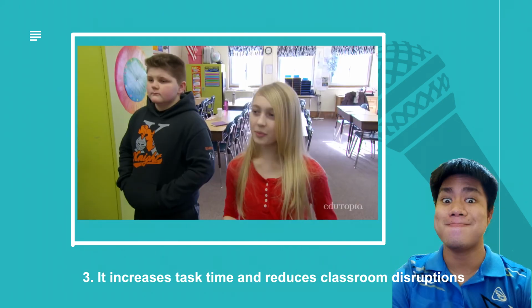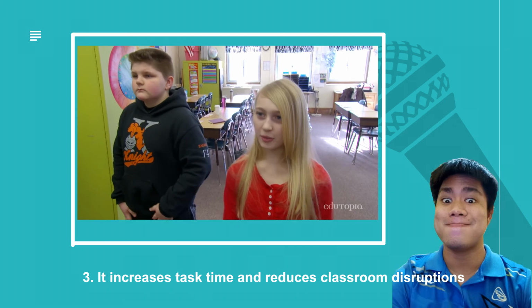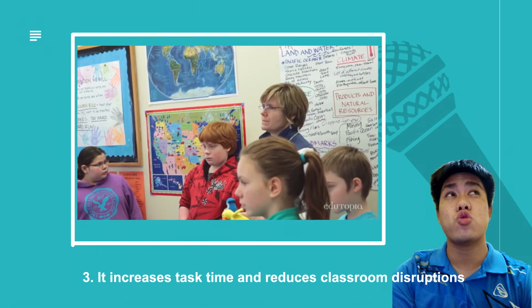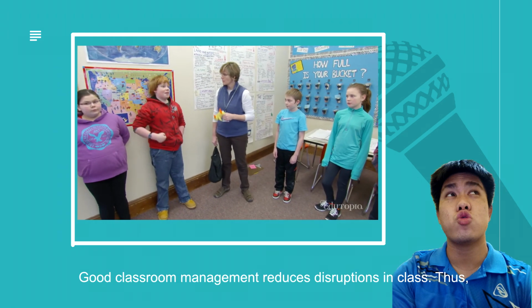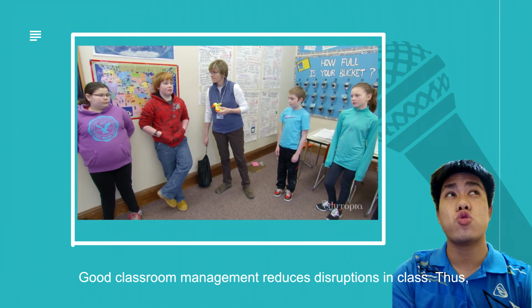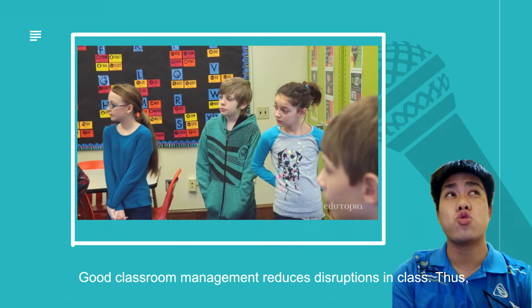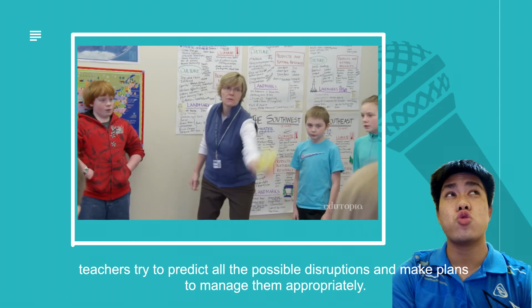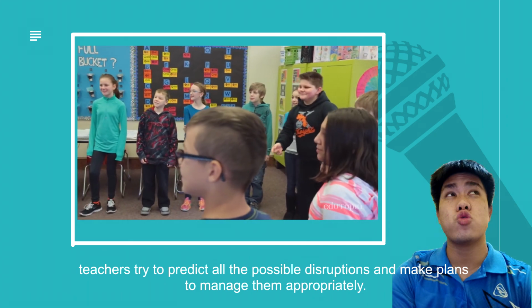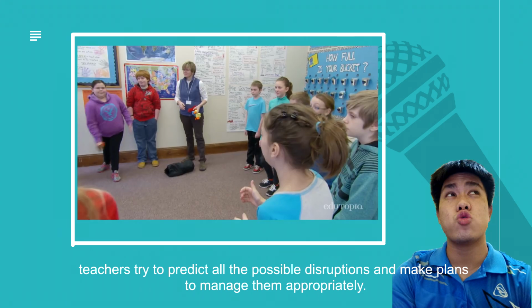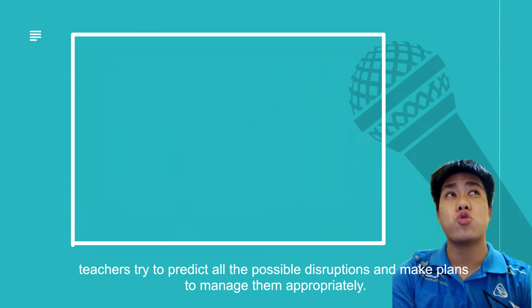Three. It increases task time and reduces classroom disruption. Good classroom management reduces disruption in class. Thus, teachers try to predict all the possible disruptions and make plans to manage them appropriately.